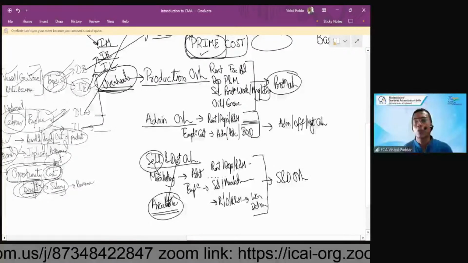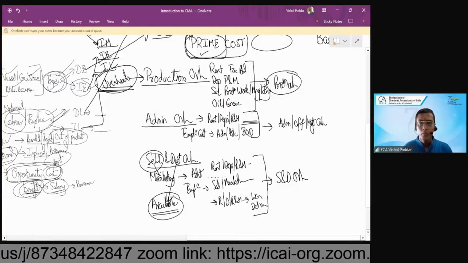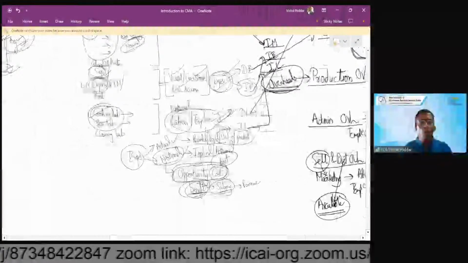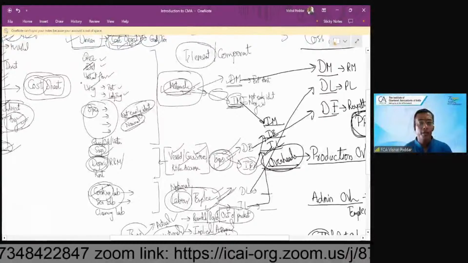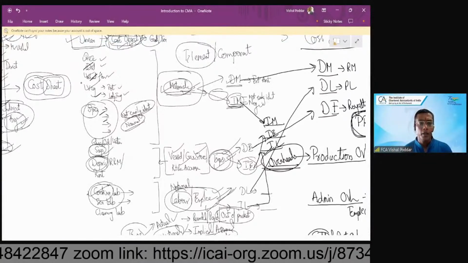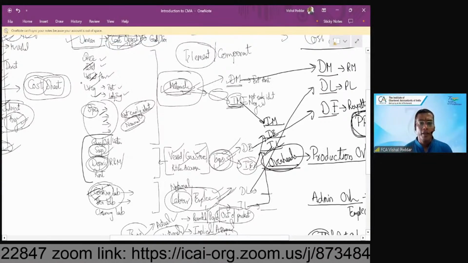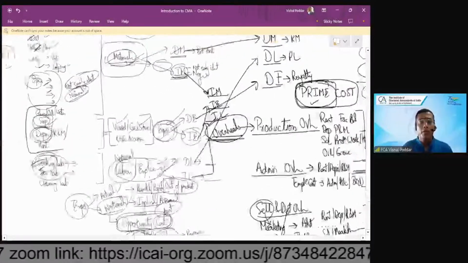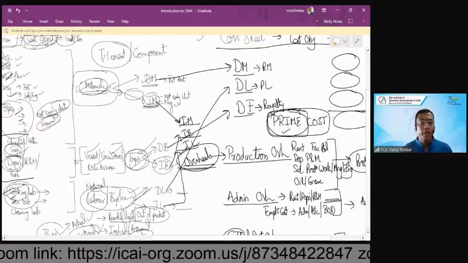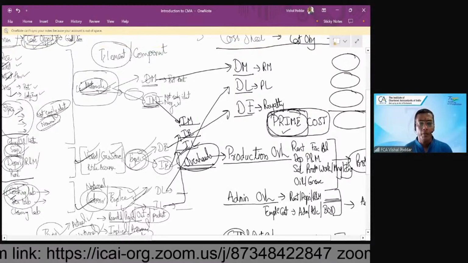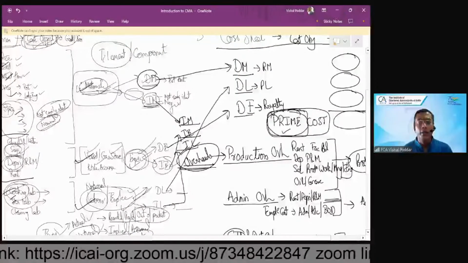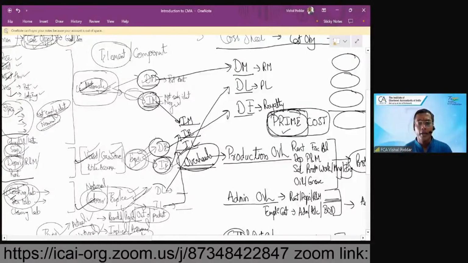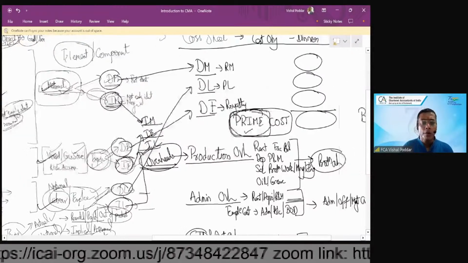all these expenses which are linked to the selling function are called selling and distribution overheads. So broadly, these were your original cost, rice, dal, etc. Then cooking labor, then all your facility related cost, etc. Then we classified it into material, expense, labor. We further classified it into direct, indirect, direct, indirect, direct, indirect, and then we grouped it.